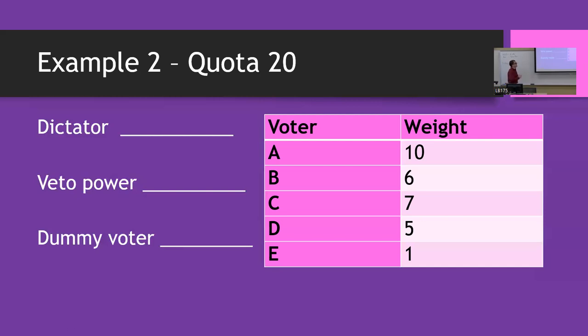So you ask, well, what about veto power? Is there an individual who, if they vote against, everybody else can't add up to 20? And it turns out A has veto power. A has 10 votes.